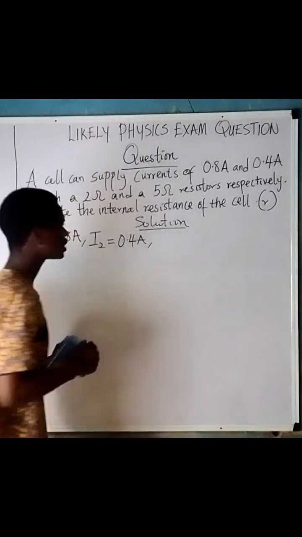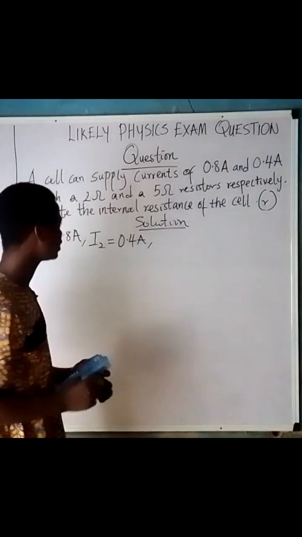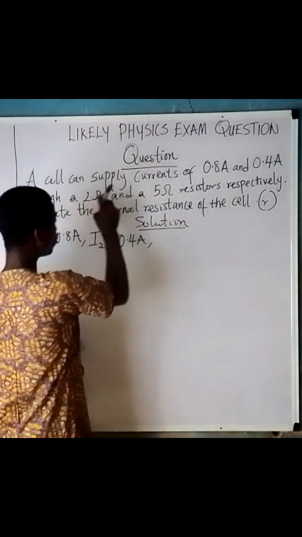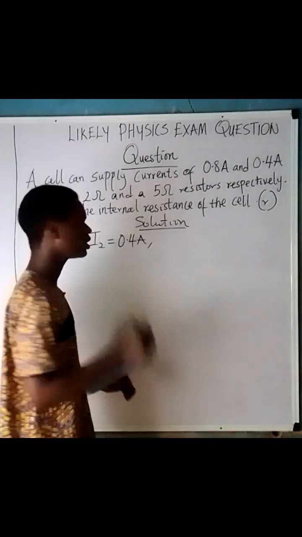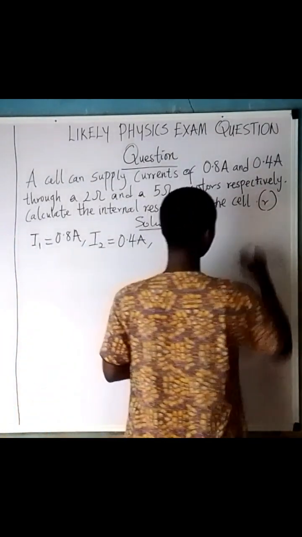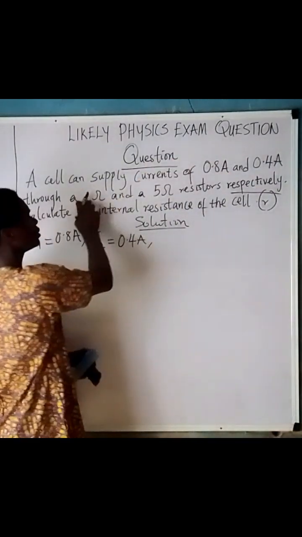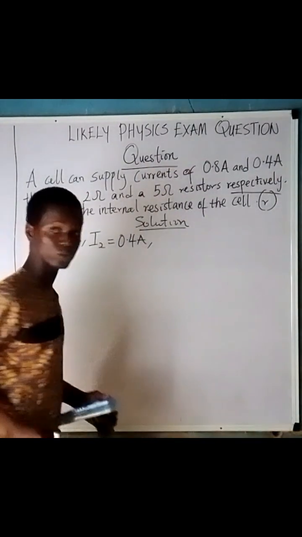And not just that, they said the cell supplies this current when a 2 ohm resistor and a 5 ohm resistor respectively were connected to it. Because they said respectively, it means that this first current is because of this first resistor, and this second current is because of this second resistor.